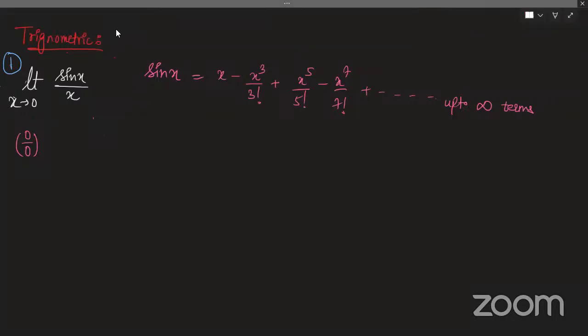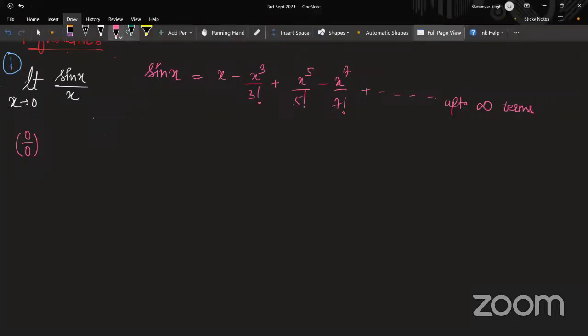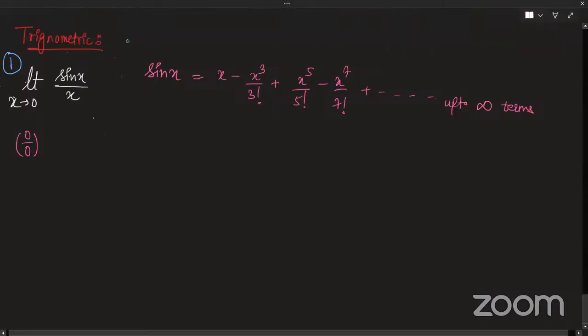Okay. So for the ones who were present, sin x can be written as an infinite series: x minus x cubed by 3 factorial plus x raised to 5 by 5 factorial, and so on. Applying this, I have limit x tends to 0 of x minus x cubed by 3 factorial plus x raised to 5 by 5 factorial minus x raised to 7 by 7 factorial and so on, whole divided by x.